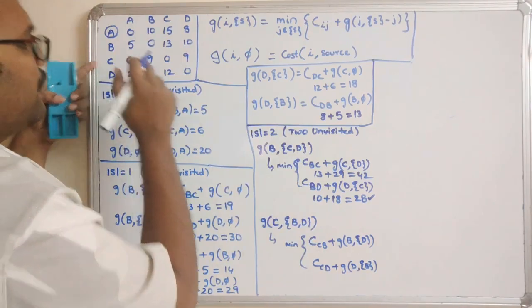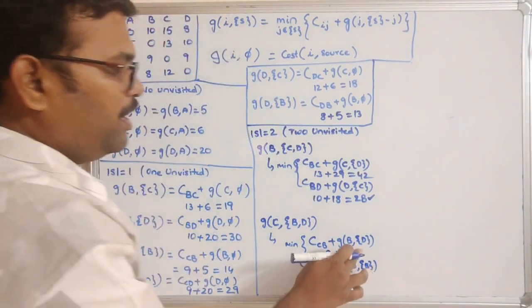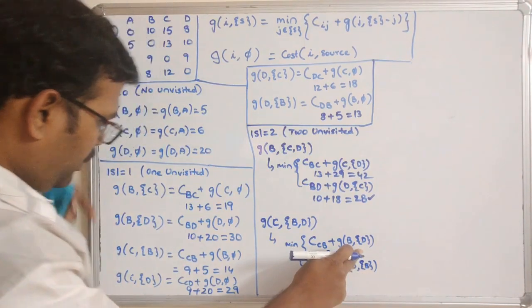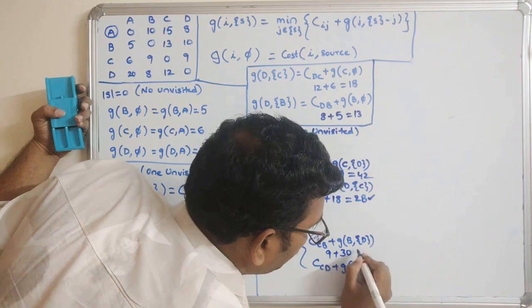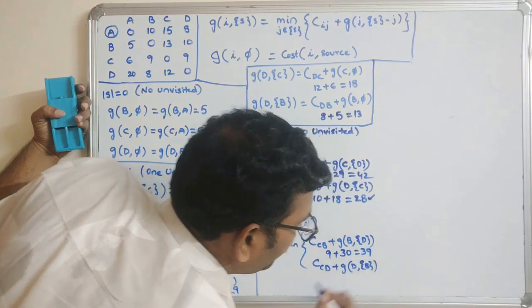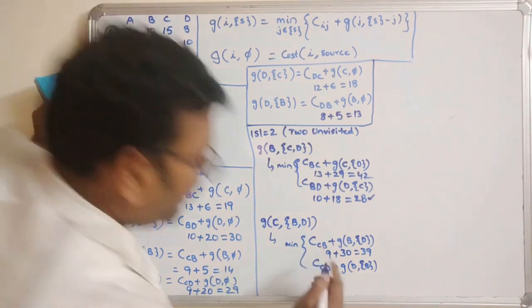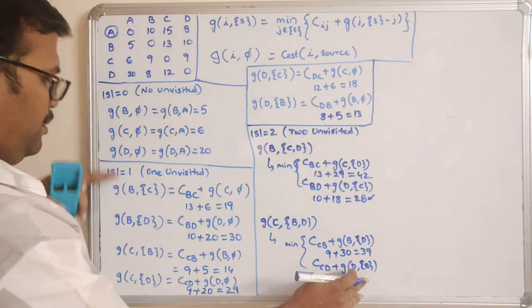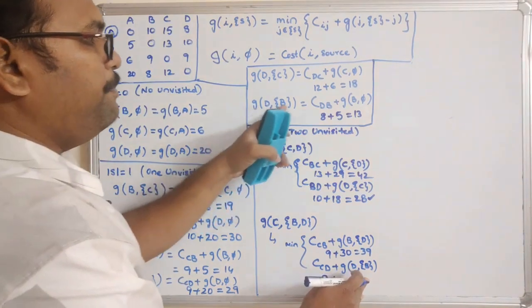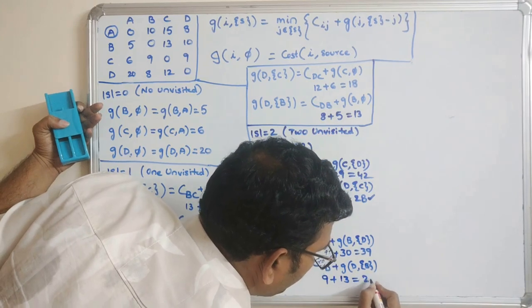It is 9 plus G of B comma D, already computed, which is 30, so 39. And CD, C to D, is 9 plus G of D comma B, which is 13, so 22.